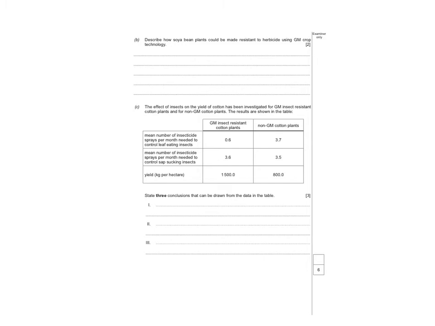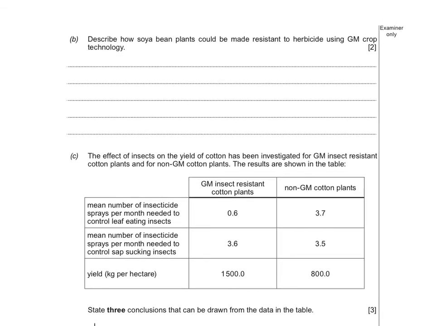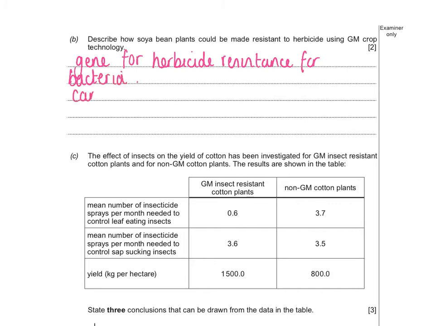Next question is, describe how soybean plants could be made resistant to herbicide using GM crop technology. So I'm going to zoom in so I can write it, and I'm going to run out of space. So the gene for herbicide resistance from bacteria can be inserted into the host plant or the crop.